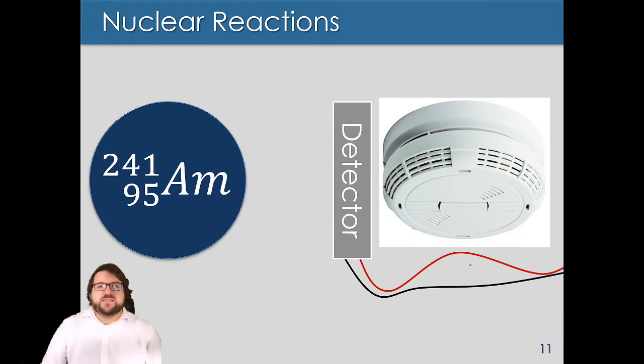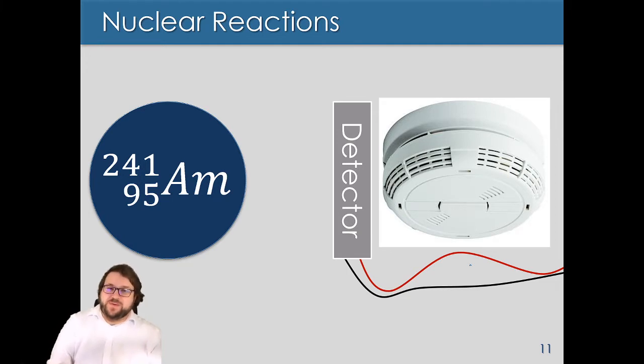So what happens then when you have an atom that very much does not have equal numbers of protons and neutrons, or rather isn't on that line of stability that we've seen before? You probably have a smoke detector in your house, and if it's quite an old one, it might use an isotope of americium, americium-241.